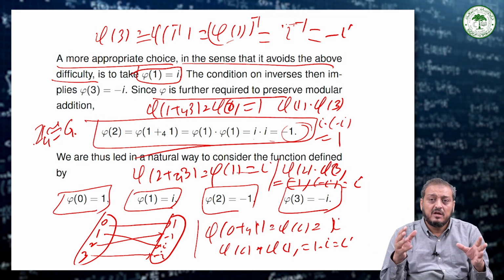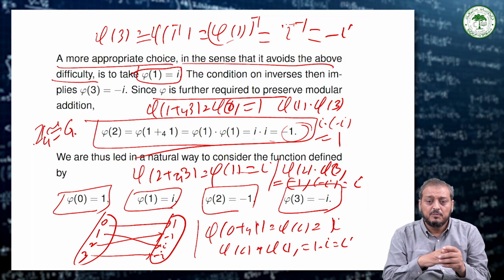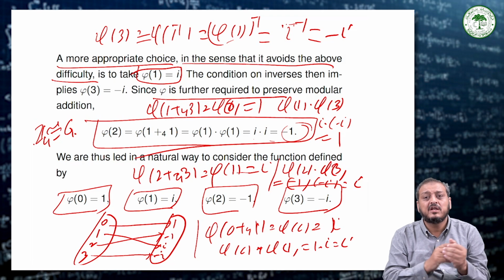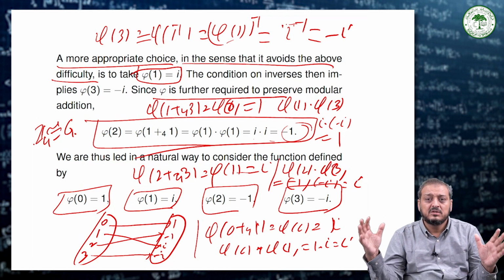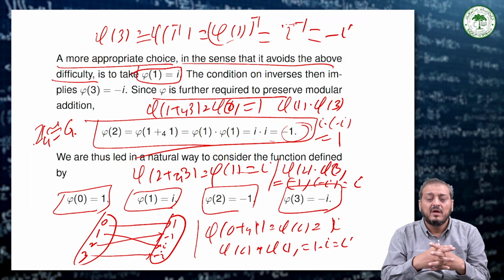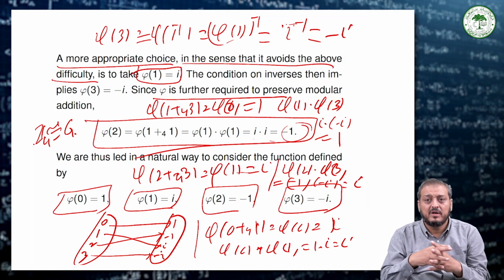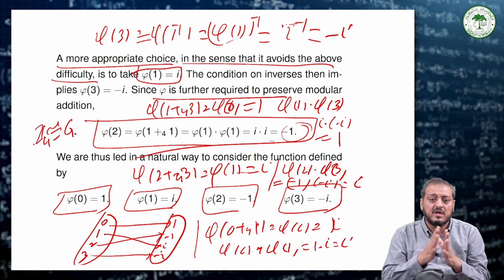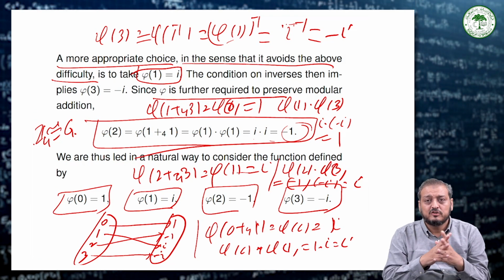We can define isomorphism, and that means simply we have to find a bijective homomorphism between these two groups. Then these two groups look the same, and they hold the same properties of a group. So in this way we can say these two groups are isomorphic.